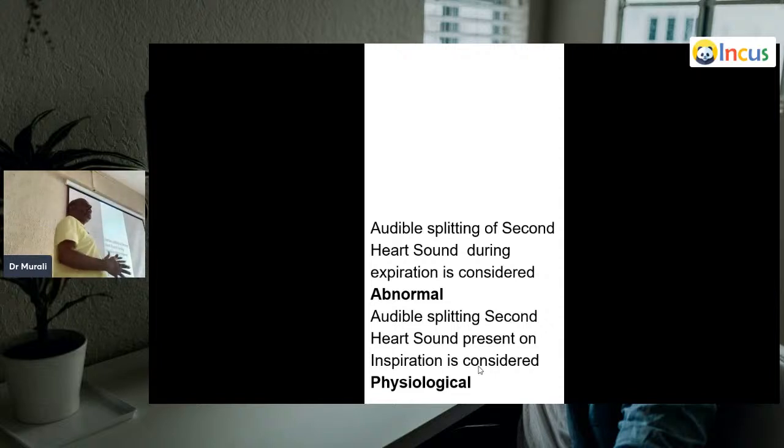So that is causing more blood on the right side, and that will make the right-sided hangout time longer. So P2 becomes longer, delayed. So the A2 to P2 gap becomes wider. So the split becomes wider. So during inspiration, a normal split becomes wider. That is normal.